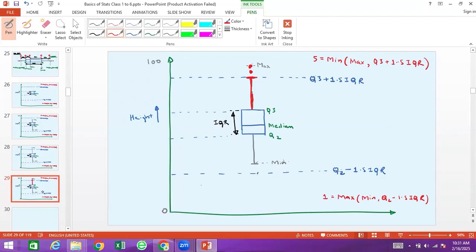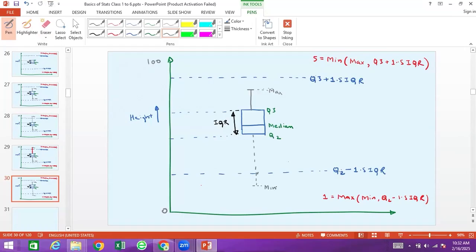The same thing can happen on the downside as well, where let's say the minimum value was actually smaller than this.